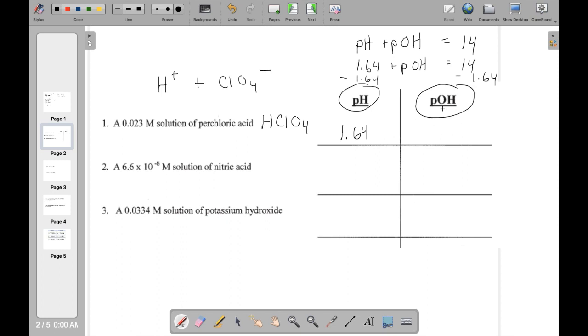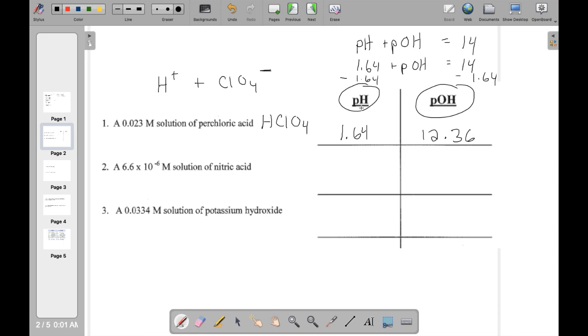Sorry, my calculator messed up here. My calculator's in scientific notation, so 12.36, somewhere around there.